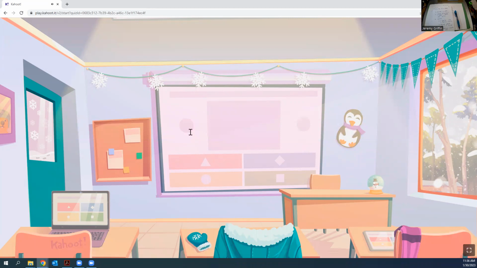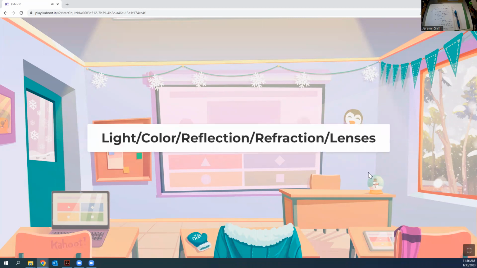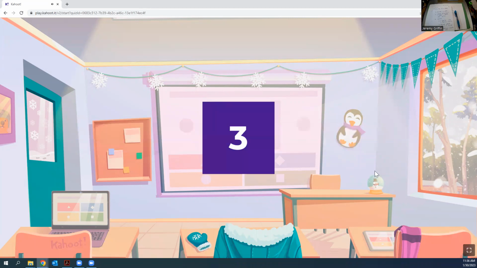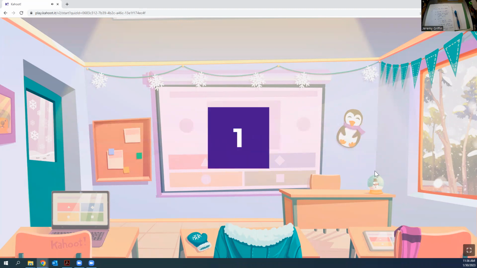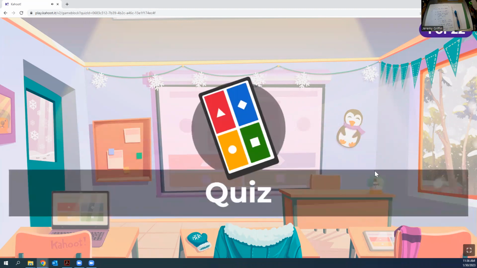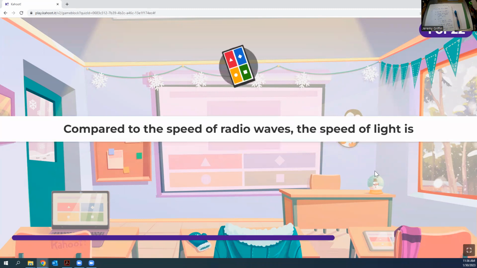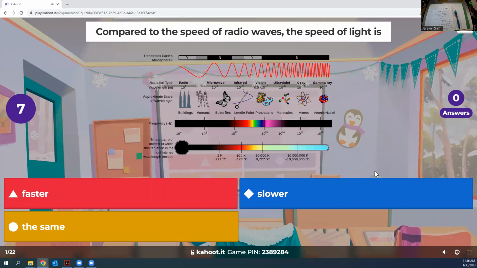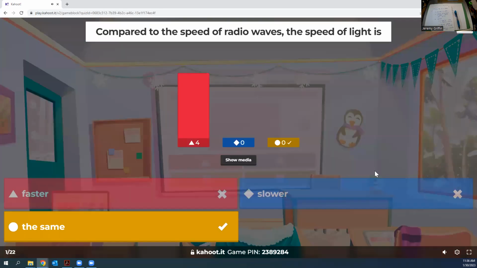Light, color, optics, all that stuff. Compared to the speed of radio waves to the speed of light, you guys remember radio waves and light waves are all electromagnetic waves.